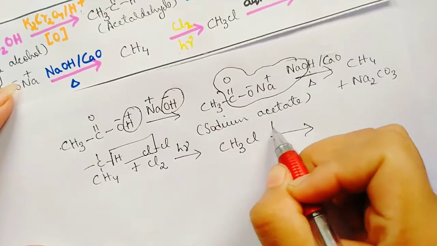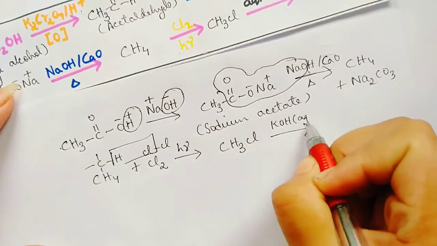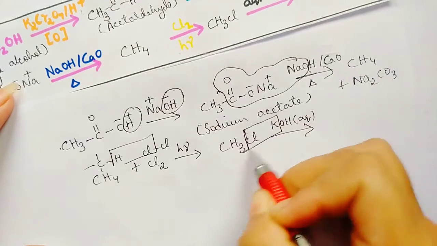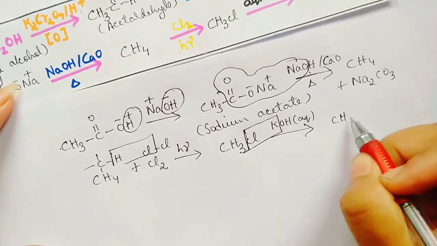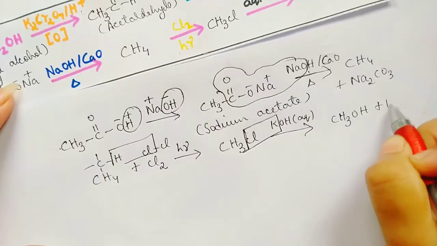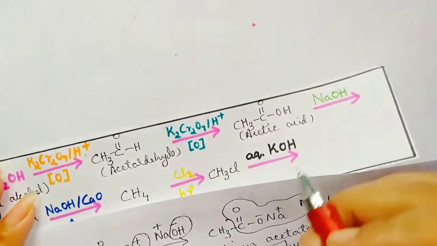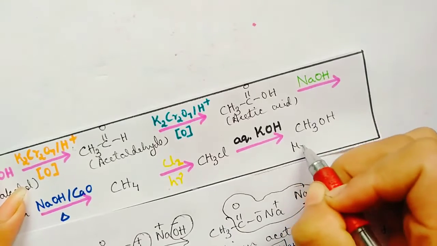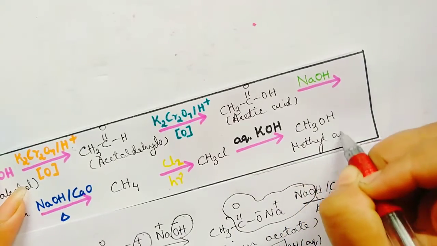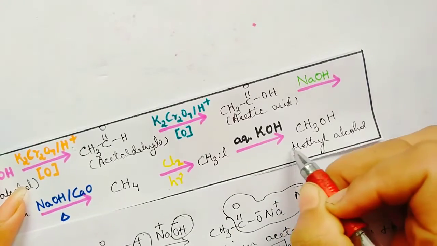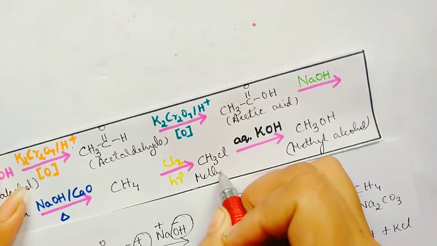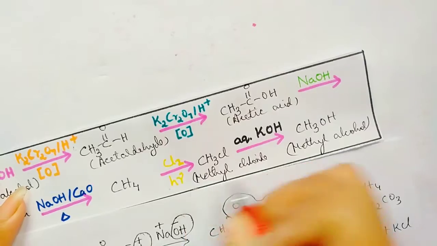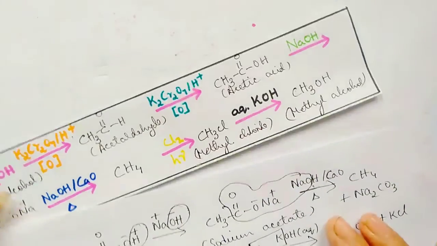And this methyl chloride with aqueous potassium hydroxide gives potassium chloride, and then we get methyl alcohol.